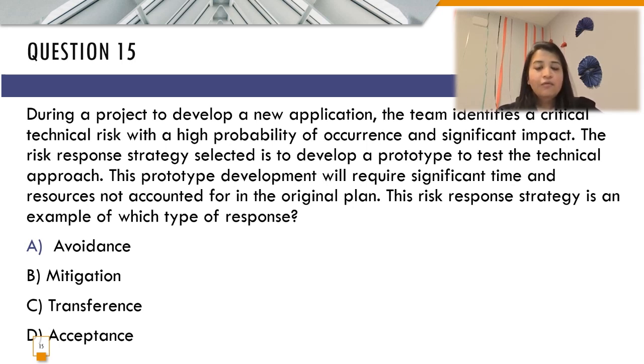Acceptance is typically accepting that the risk is going to happen, but you don't have any corrective action or measure planned for mitigating this risk. So what you are trying to do here, the example listed in the question, is an example of mitigation, where you are trying to mitigate this risk in the very first place. So the correct answer over here is going to be mitigation.